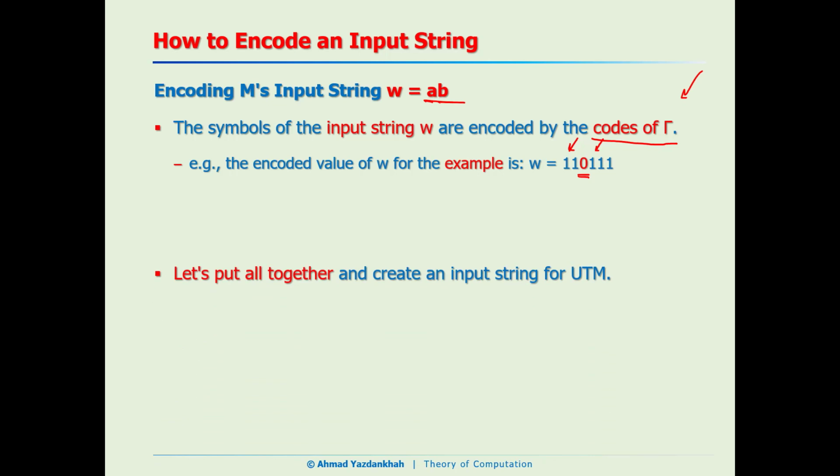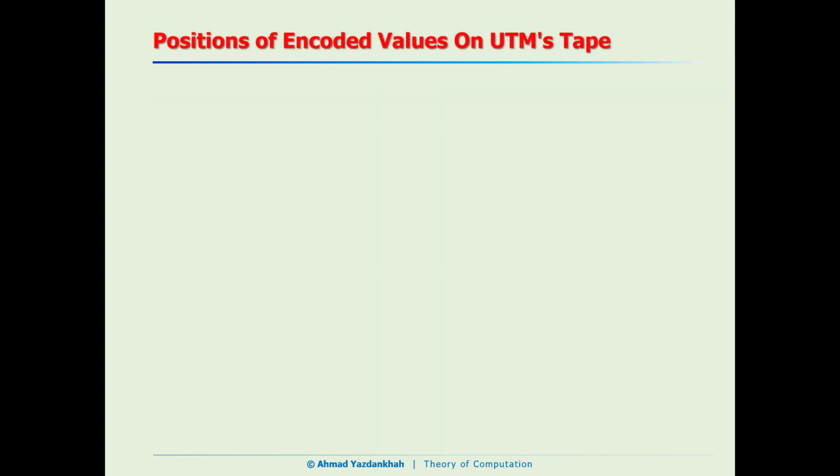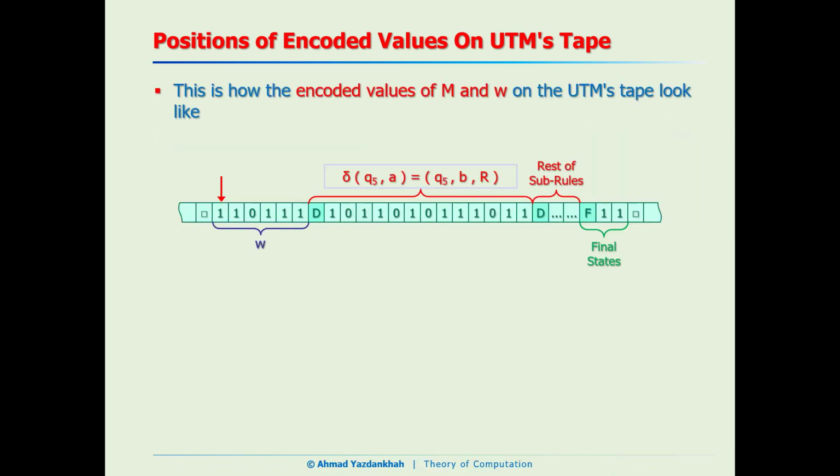Now let's put together everything that we said on the UTM's tape. Here is how the tape of the UTM looks. From here to here, we have the description of the Turing machine.